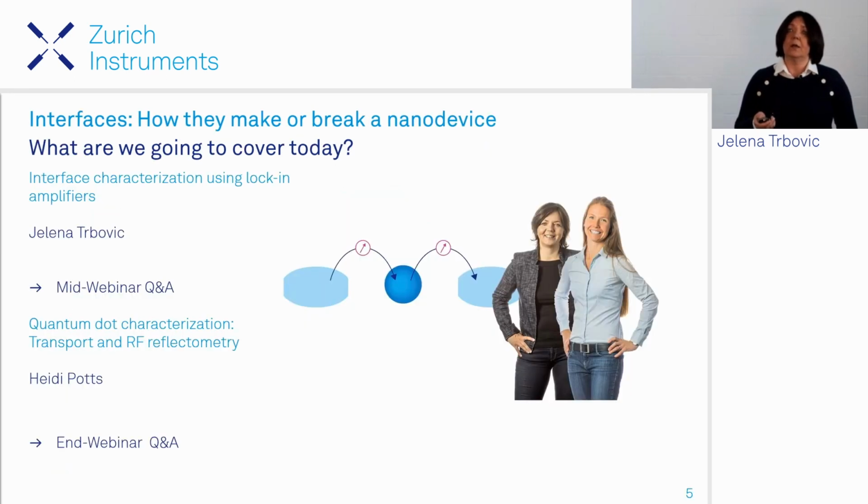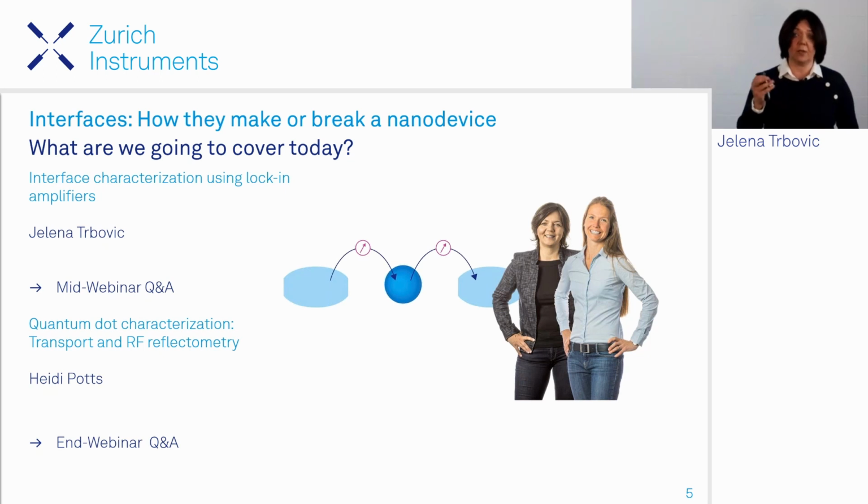So let's see how today's webinar will be structured. Heidi and I will divide it in two. In the first part, I will talk about the interfaces, the basics, and how to characterize them using lock-in amplifiers. Then we're going to make a short break to answer some of your questions.